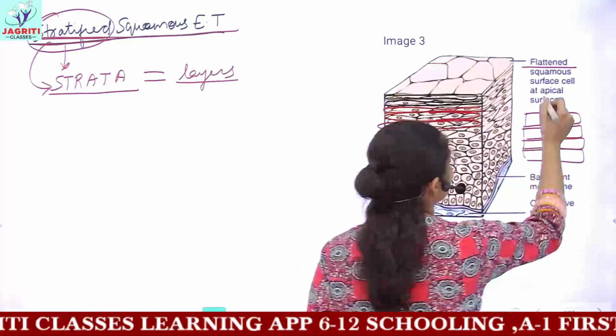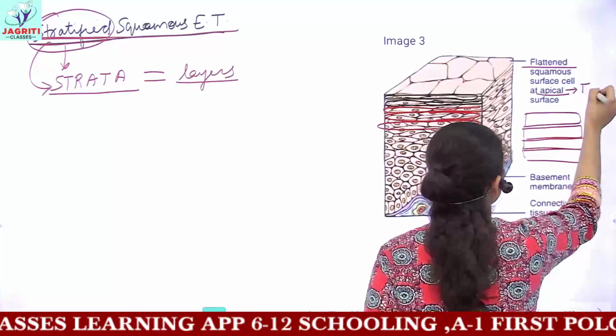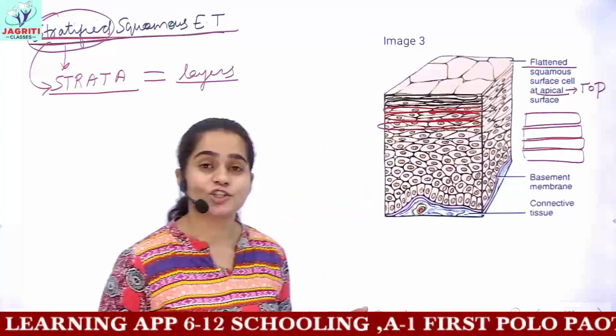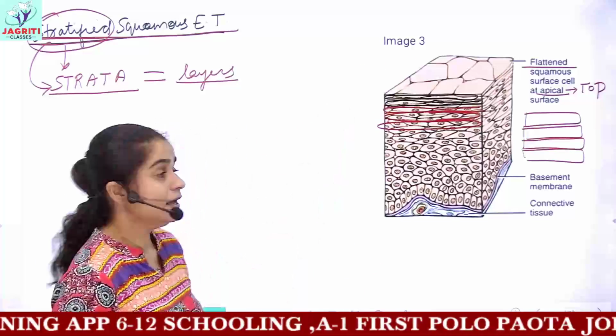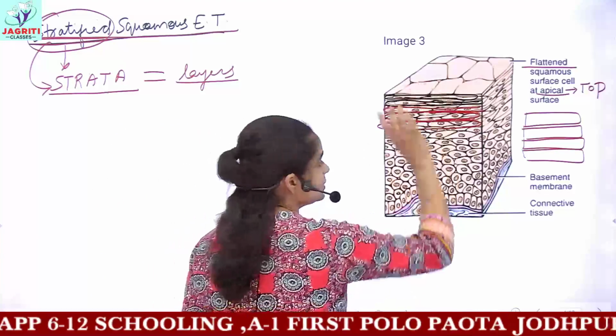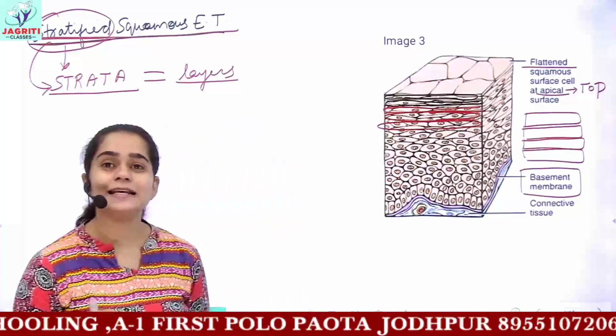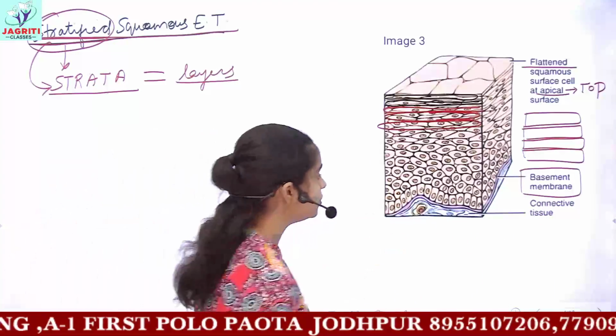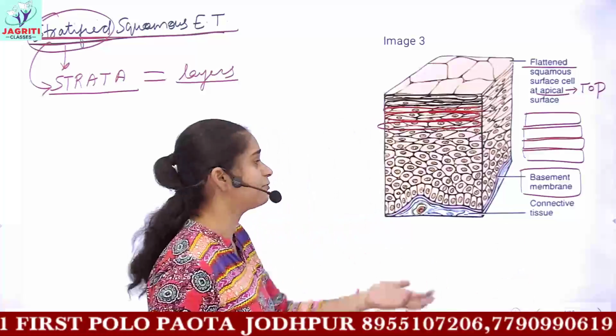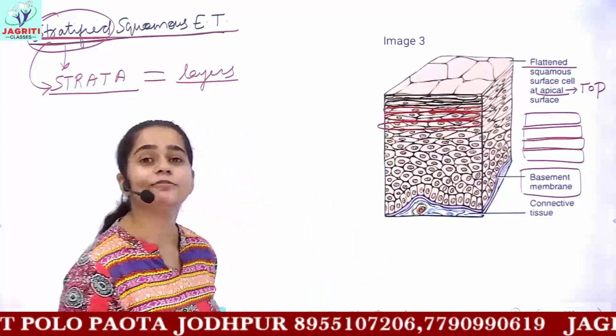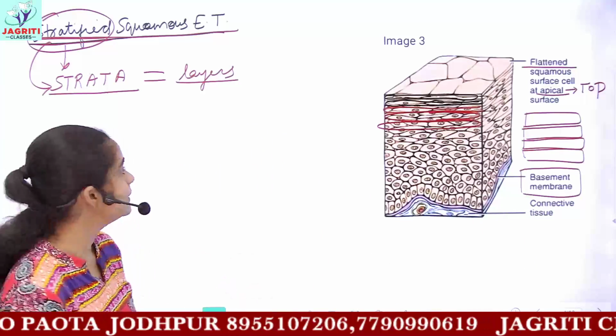So this is flattened at the apical. Apical means at the top surface the tissue has a flat structure. And we all know that after this tissue you would have a basement membrane. Basement membrane is the fibrous structure, and next you have other kinds of tissue. You may have connective tissue or any other kind of tissue, either muscular or any other.